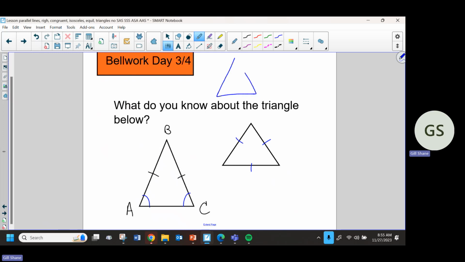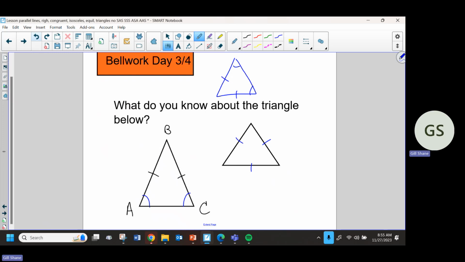If I know that the two angles are congruent at the base, and again, the base could be anywhere, like I could have drawn these two as congruent, well, then that means the two sides are congruent. So it goes both ways. It's an automatic thing. You just need to understand that's the relationship.